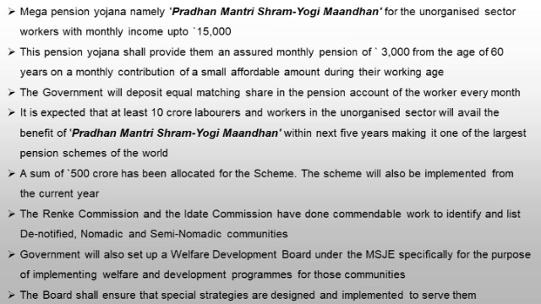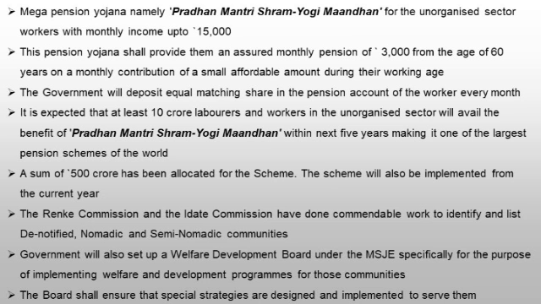Another important announcement is on the denotified nomadic and semi-nomadic communities. Friends, what happened? The British government had notified certain communities as criminal gangs, and these communities after independence have been denotified. But the problem is these denotified communities are spread across different places. So identifying and delivering the benefits to them is always a challenge.